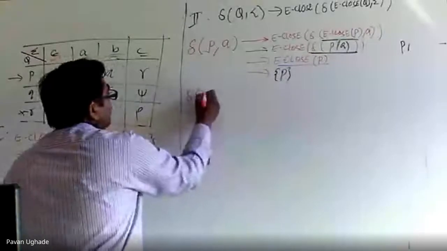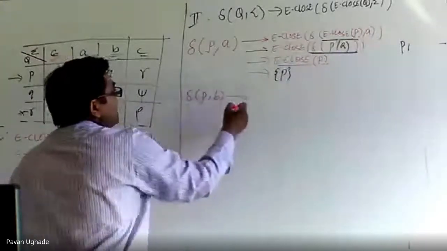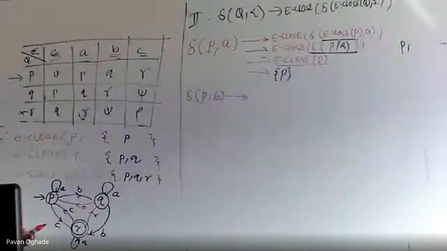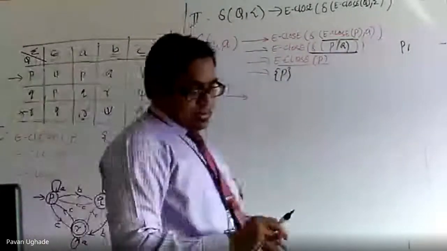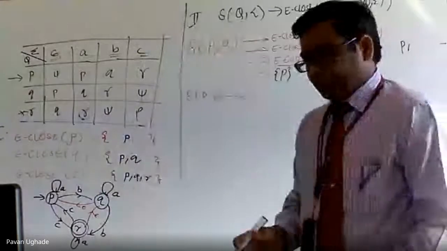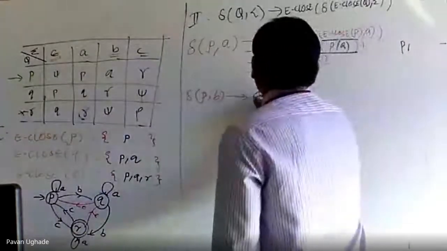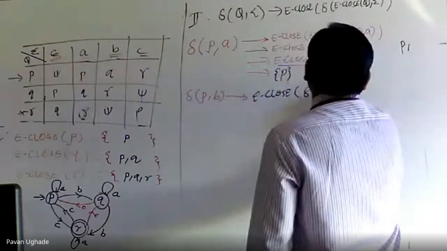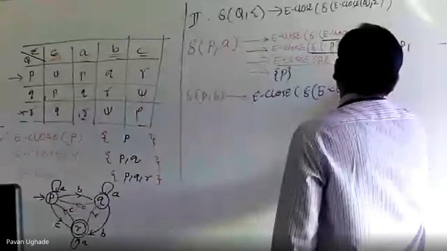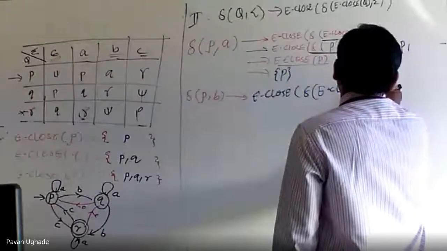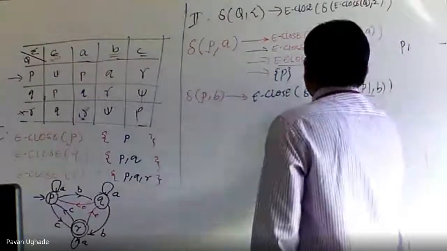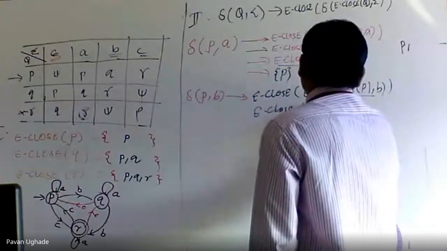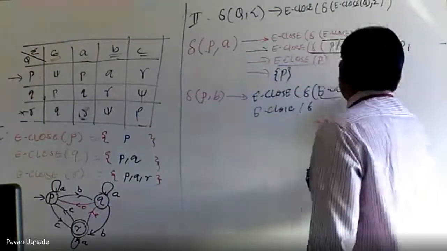So P over B. What will you get for P over B? It is epsilon closure of transition function of epsilon closure of P, comma B. This is P only.